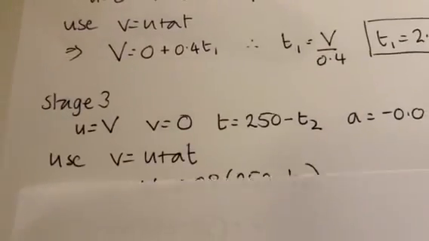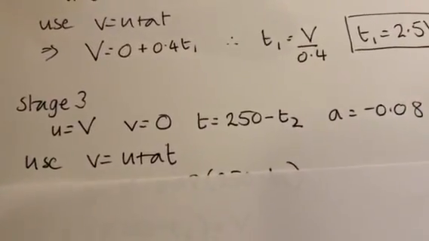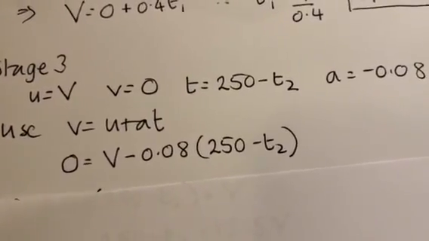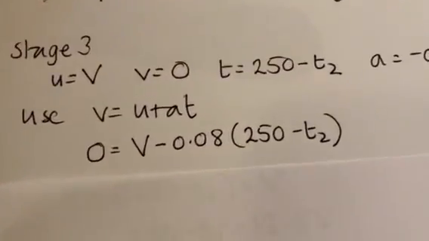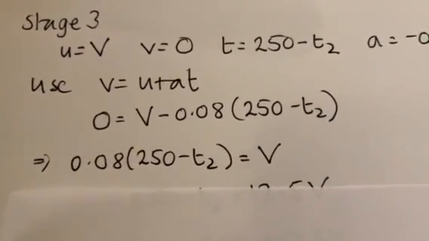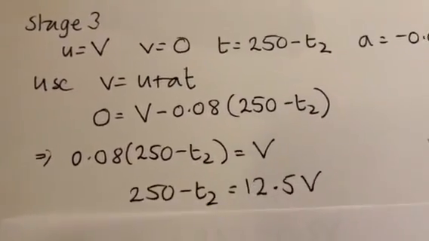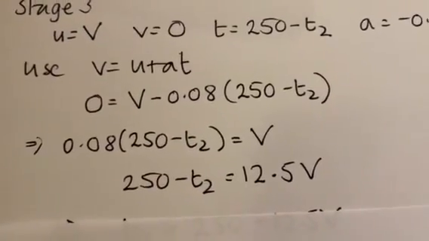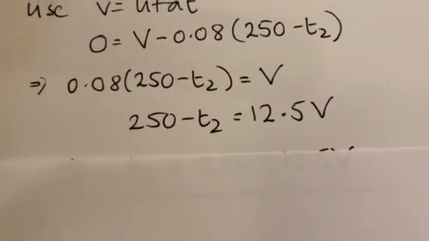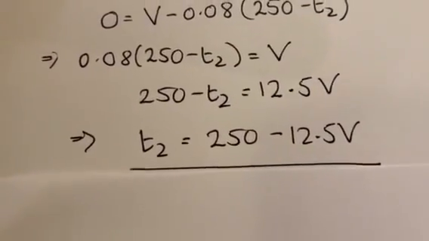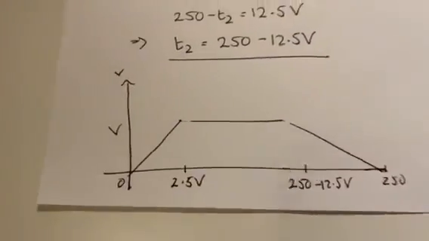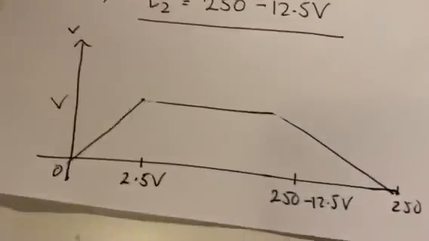So I substitute that into V equals u plus AT, and this is what I get. I'm now going to rearrange that to get an expression for T2. I take everything over because I'm not enjoying that being negative. I then divide everything by 0.08, so I get 250 minus T2 is 12.5 V, and that is my time 2. Right, I'm now going to label the graph with those times.